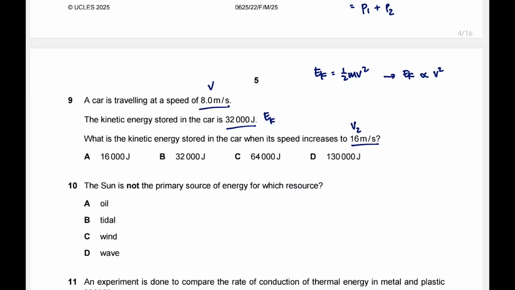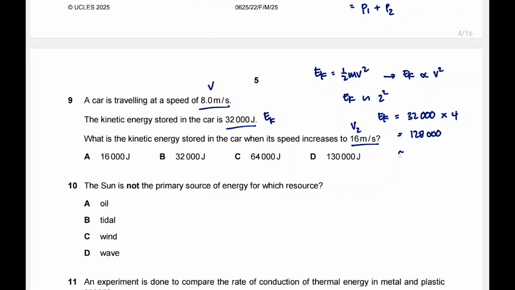The initial speed is 8 and it increases to 16, which is 2 times. Therefore, the kinetic energy will be increased 2 squared, or 4 times the original kinetic energy.